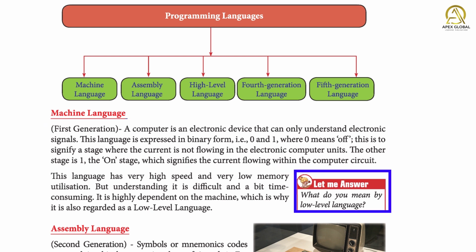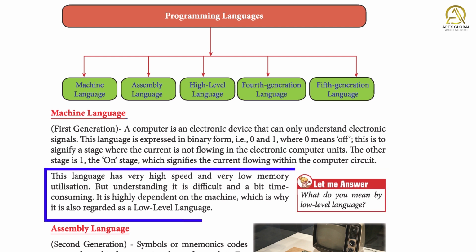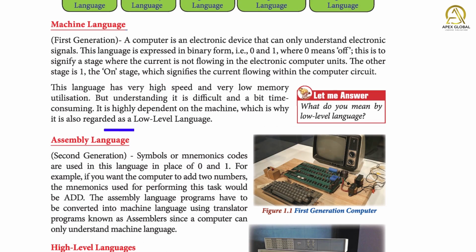Let me answer. What do you mean by low-level language? This language has very high speed and very low memory utilization, but understanding it is difficult and a bit time consuming. It is highly dependent on the machine, which is why it is also regarded as a low-level language. Assembly language, second generation.